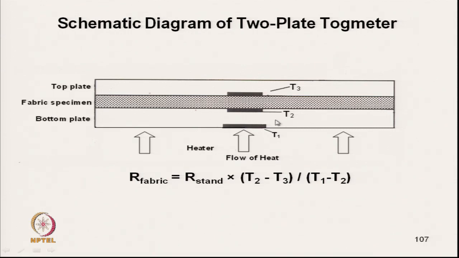Just above the bottom plate we can place the fabric specimen, and another plate, the top plate, is placed just above the fabric, which is lighter in mass. The mass should be low, otherwise it will compress the fabric specimen and the insulation characteristics of the fabric will change.